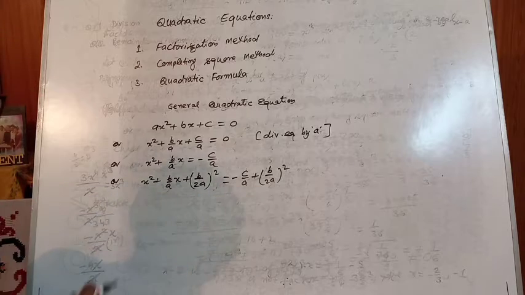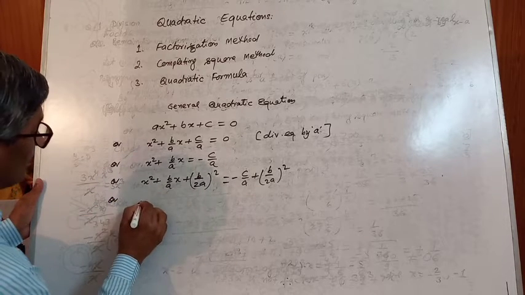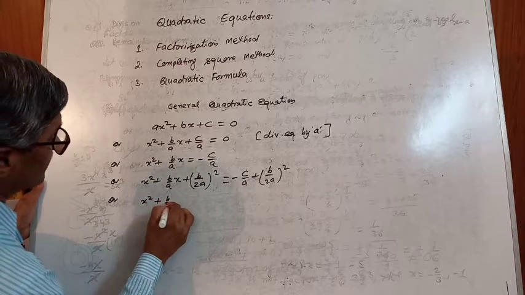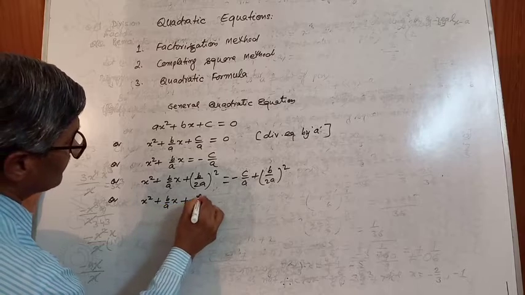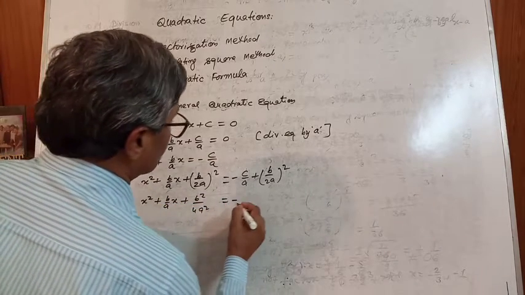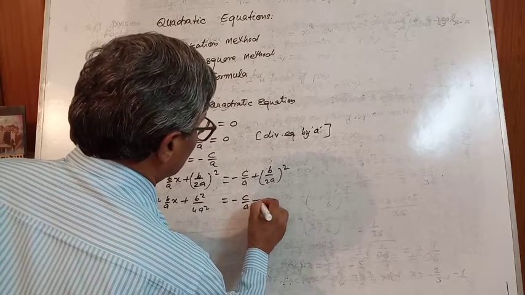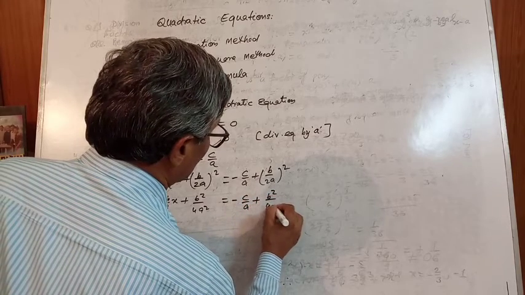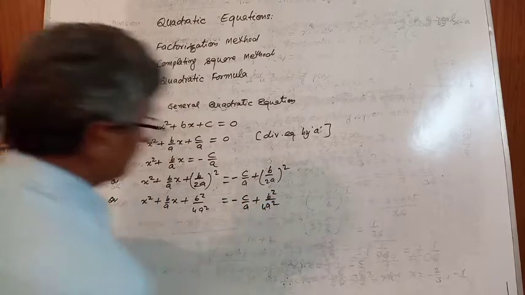We can make the whole square, no problem. x square plus b by a x plus b square by 4a square equal to minus c by a plus b square by 4a square.